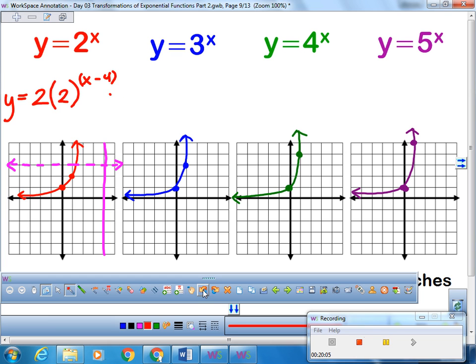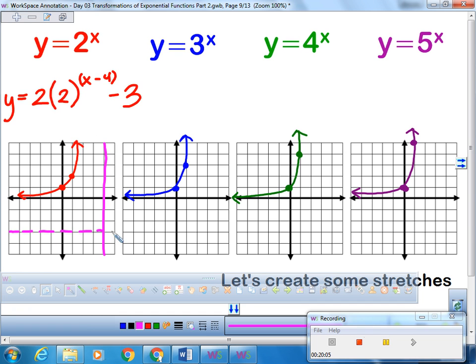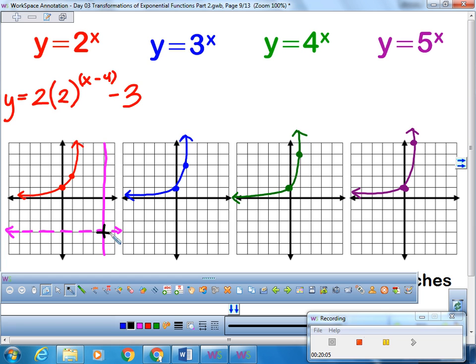These are little graphs, so we're just going to have to improvise and go to our homework. How's that sound? Okay. So instead of going +3, I'm going to go -3. Down 3. 1, 2, 3. So does everybody understand we now have a new origin that we're going to work off of?